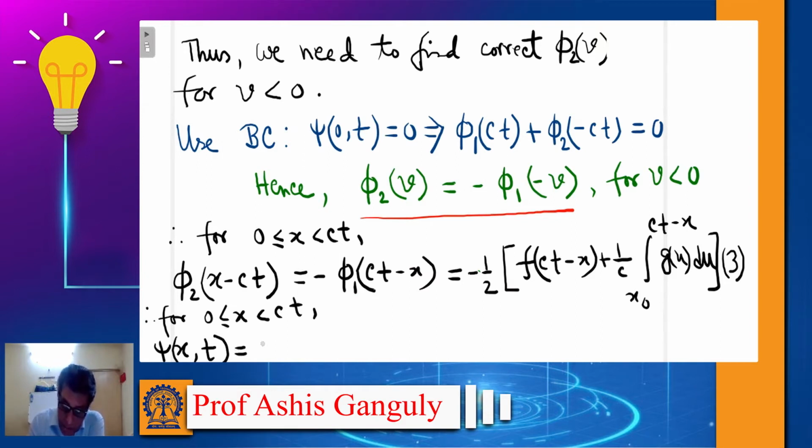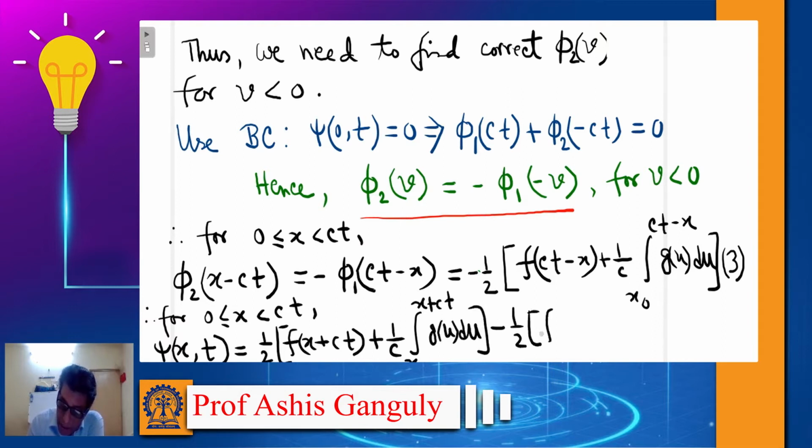Now phi 1(x plus ct) is half f(x plus ct) plus 1 by c integral x0 to x plus ct g(u) du minus half f(ct minus x) plus 1 by c integral x0 to ct minus x g(u) du.